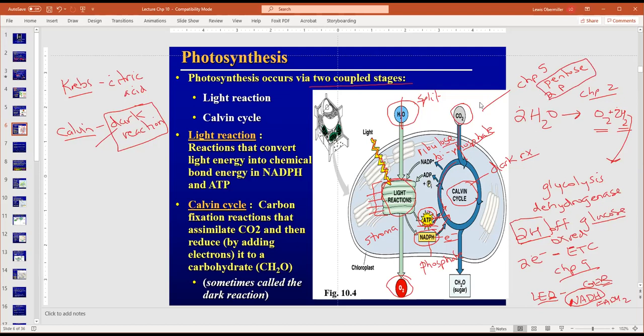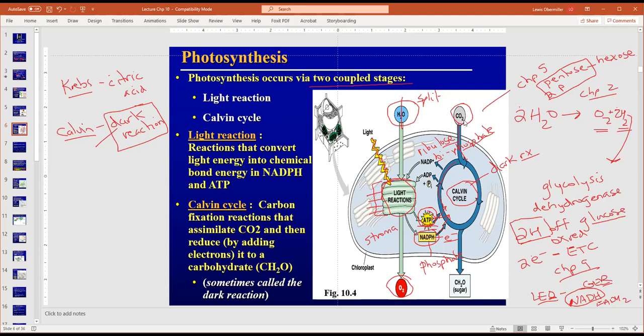And plants use this to add a carbon. When we add a carbon to a pentose, what do we make? Instead of 5 carbons, it has 6. So it becomes a hexose.